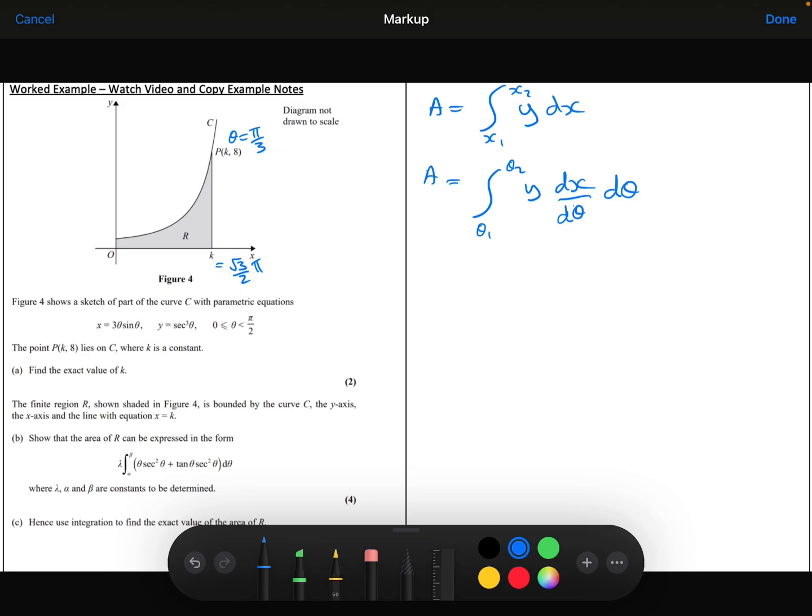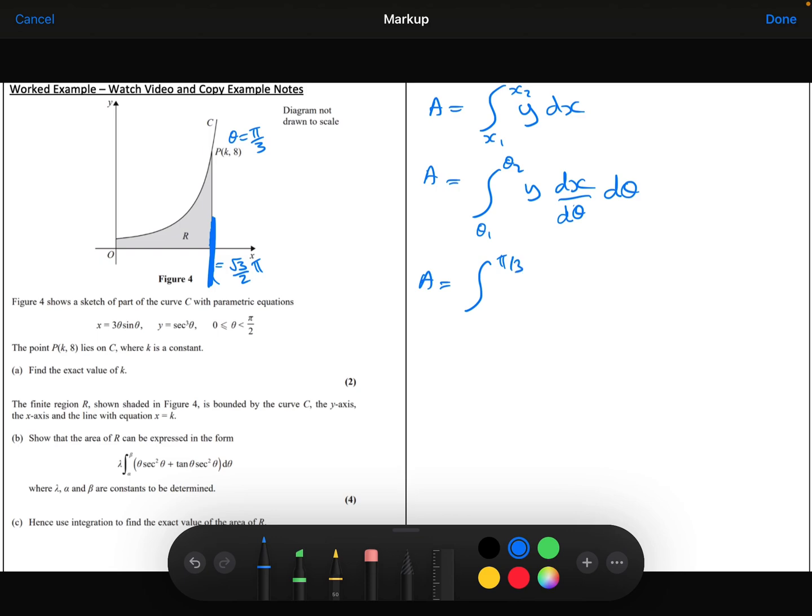Right, well, I already know my upper limit in terms of theta. It's pi over 3. We worked that out during part A of the question.